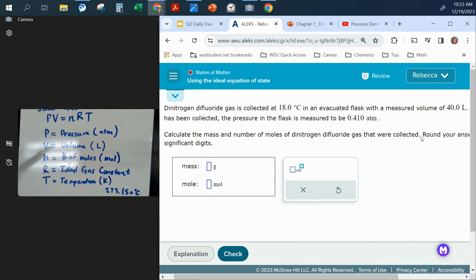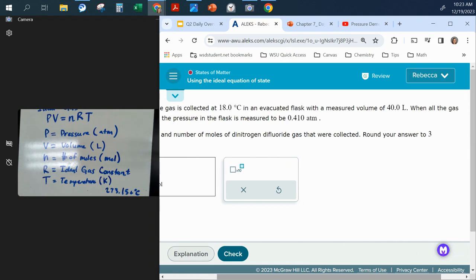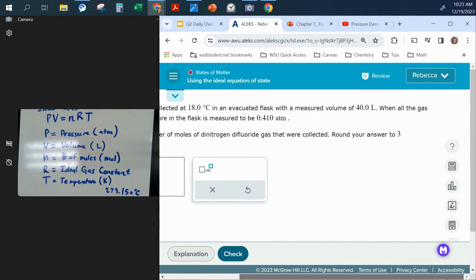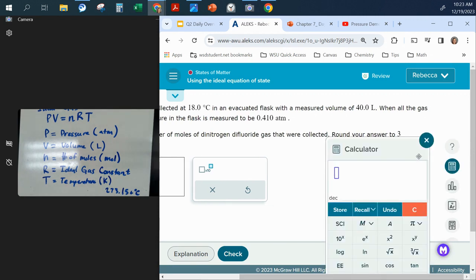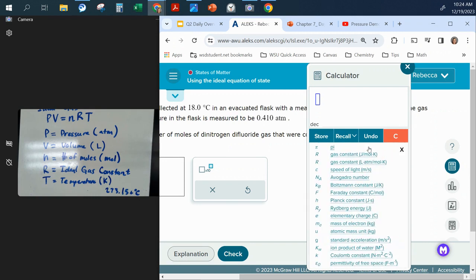Okay, so one way to know the correct units is to go to your calculator. And then if you look at the pi button, you can find the ideal gas constant. There's two. We're using this one, liters, atmospheres, moles, Kelvin.